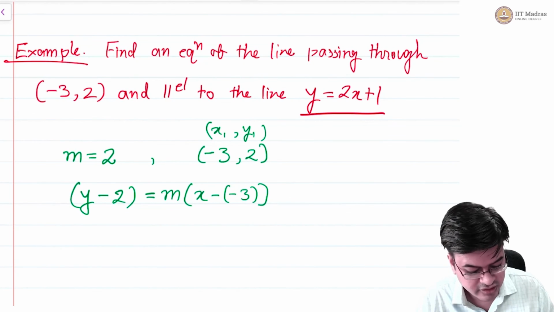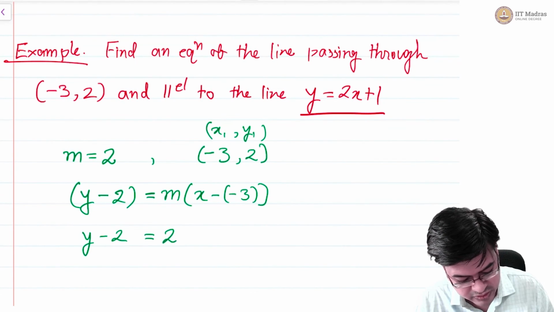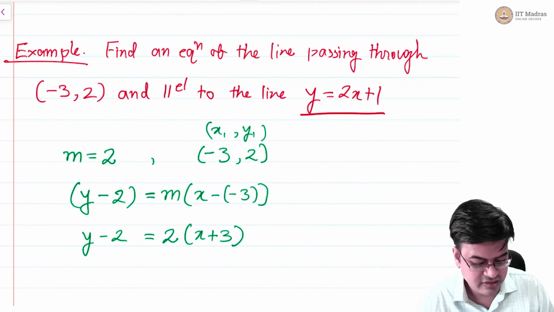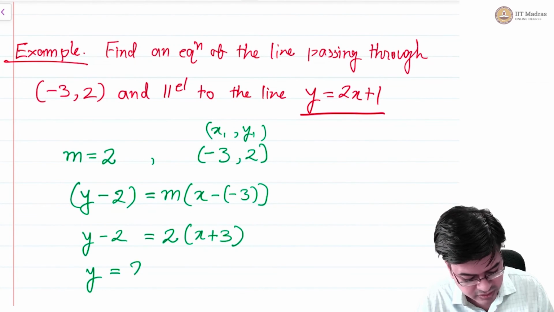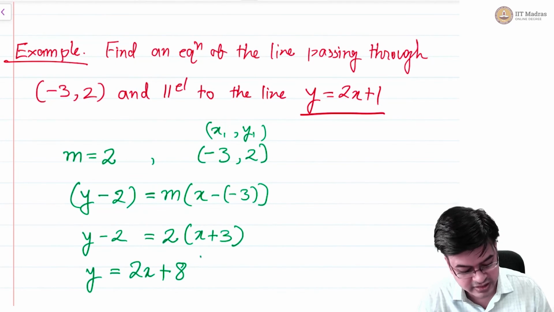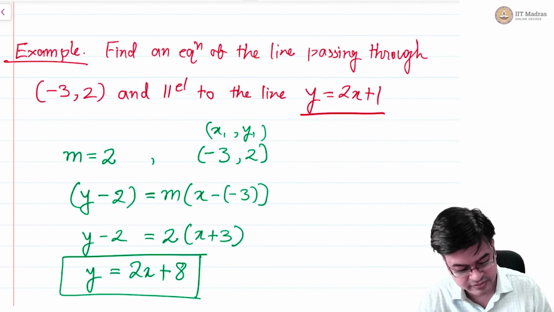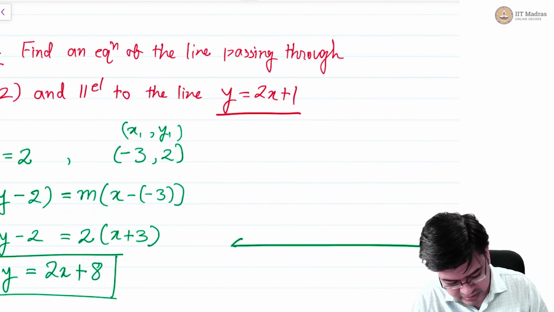So y minus 2 is equal to 2 times (x + 3), which reduces to y = 2x + 6 and then minus 2 on this side gives me 8. y = 2x + 8. This is the equation of the line. If you want to graph this, you can do it in a very simple manner.